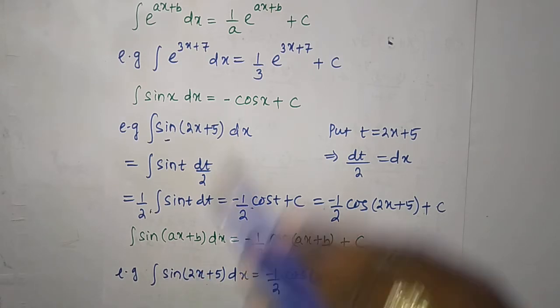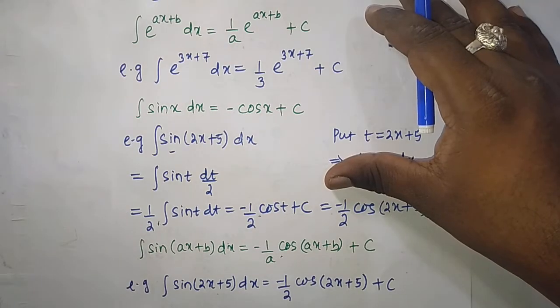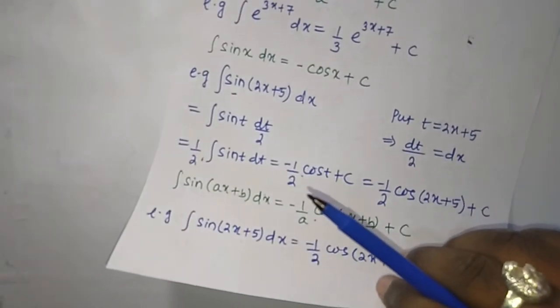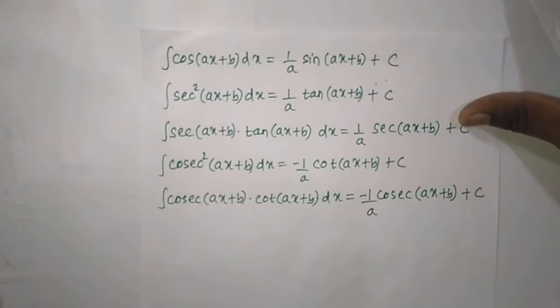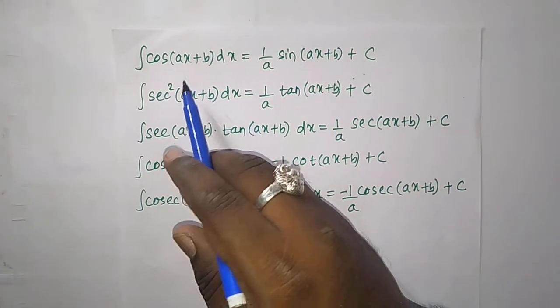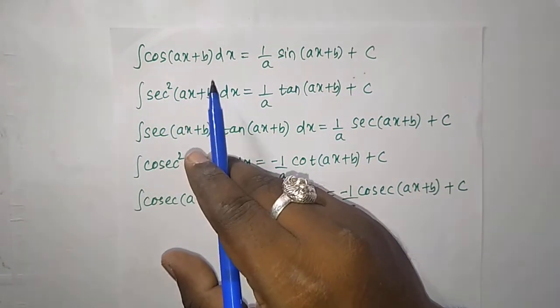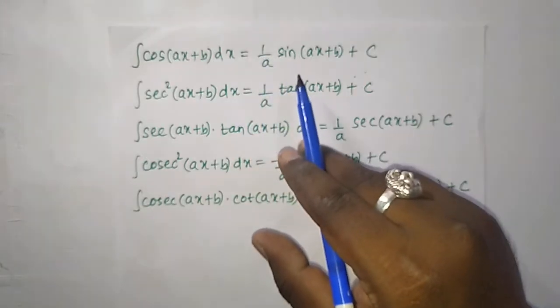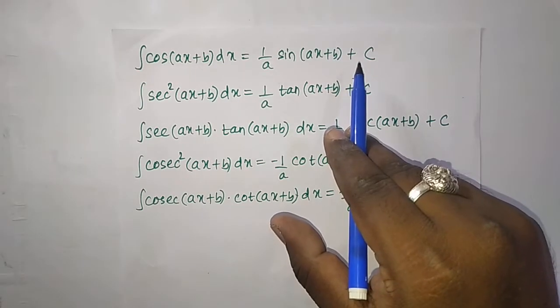Here are the shortcuts, and for other trigonometric functions we also have shortcuts, like I have given here. The integration of cos (ax + b) is equal to 1 by a sin (ax + b) plus c.